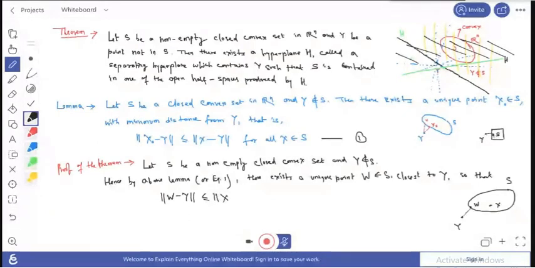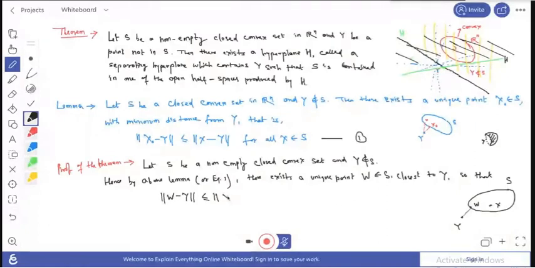But if you take this type of structure, where there are two different points and the distance is minimum at both, this set is not convex, because if we take two points from here, the segment leaves the set. That's why if you take a closed convex set, there exists a point where that distance is minimum.